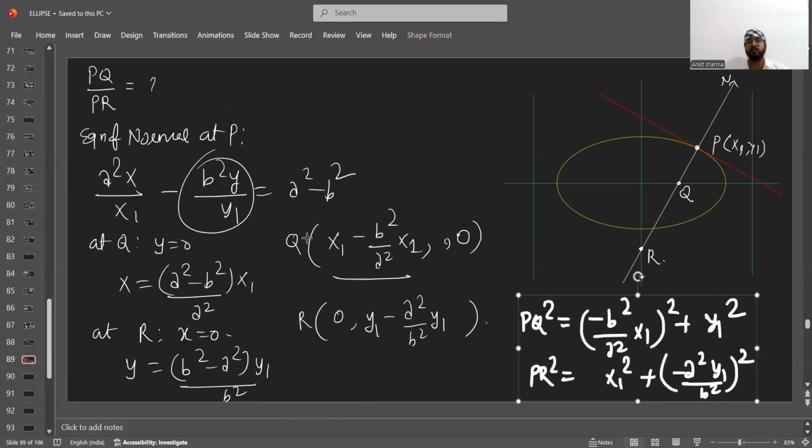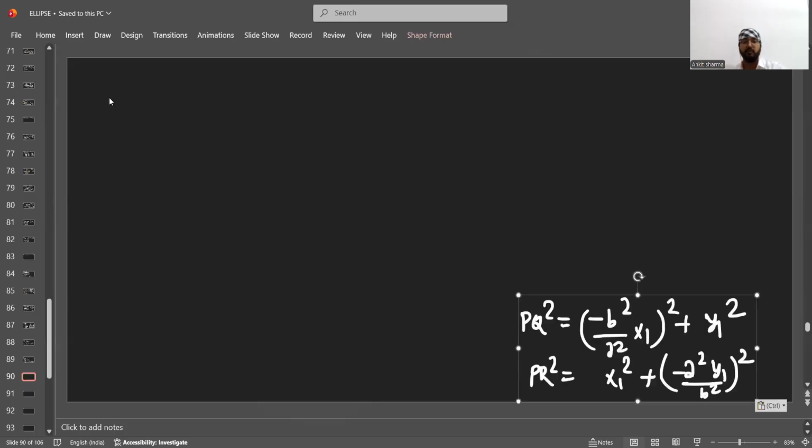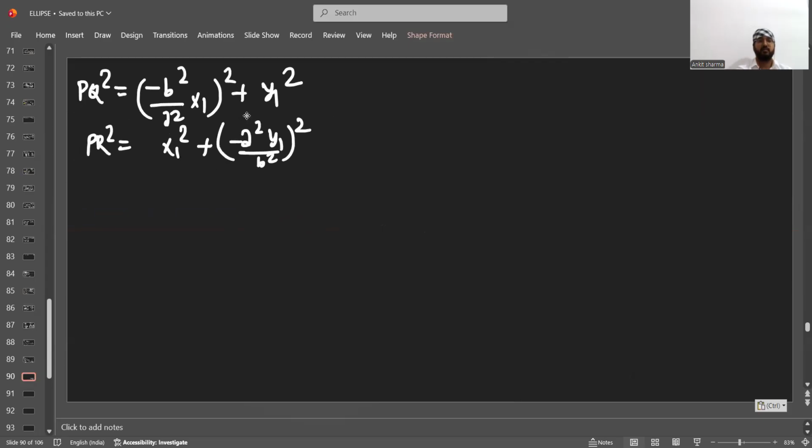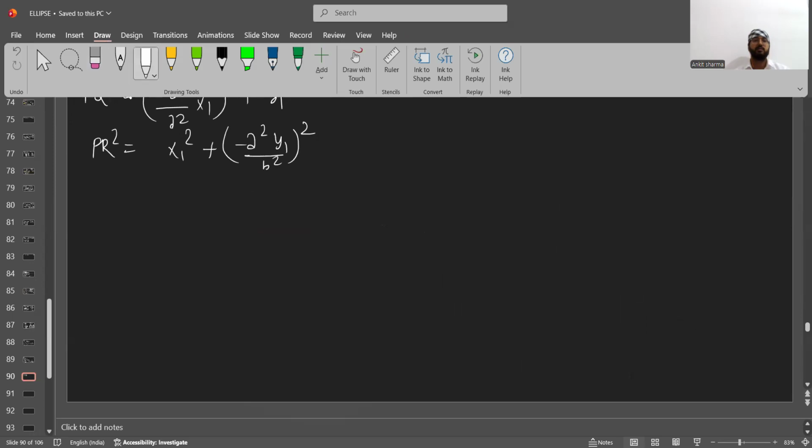Now we just want their ratio, so we'll directly just take the ratio. I'll remove this, I no longer need them. So I'll now simply take the ratio.